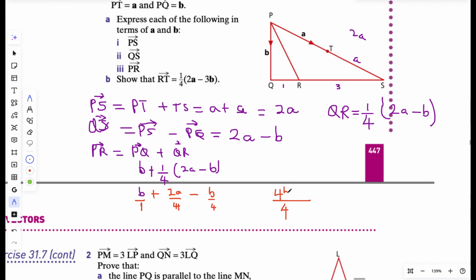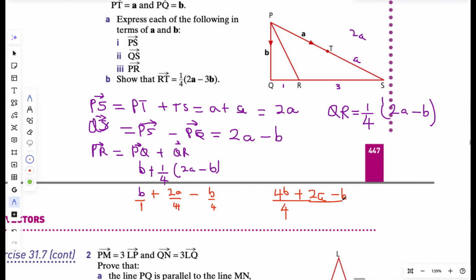Then 4B plus 2A, and 4 divided by 4 you get 1, and minus 1 times B you get minus B. So we get 4B minus B, that's 3B, so 2A plus 3B.